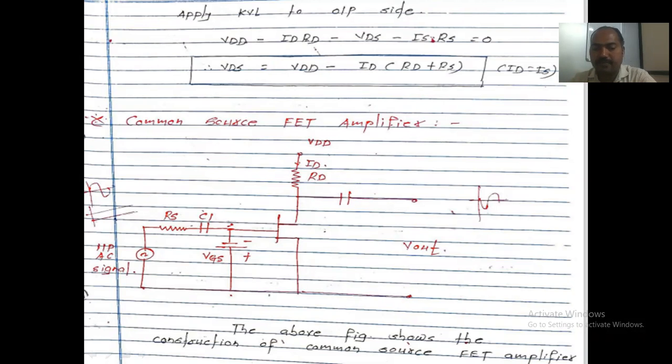Okay, so this configuration is the same as your common emitter configuration, right? Because a transistor has three terminals: emitter, base, and collector. In the same way, your field effect transistor has gate, drain, and source. These are the three terminals.